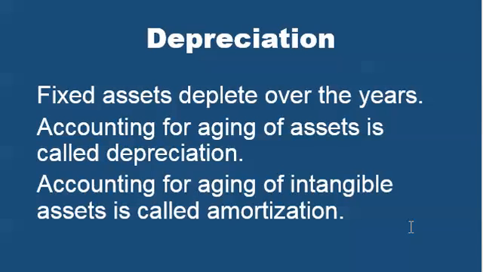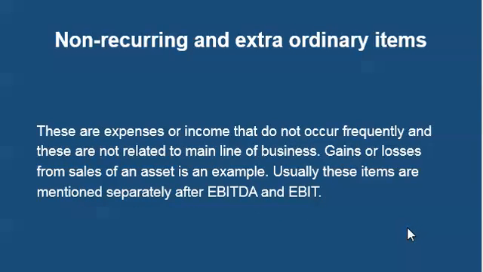Accounting for aging of assets is called depreciation, and accounting for aging of intangible assets is called amortization.